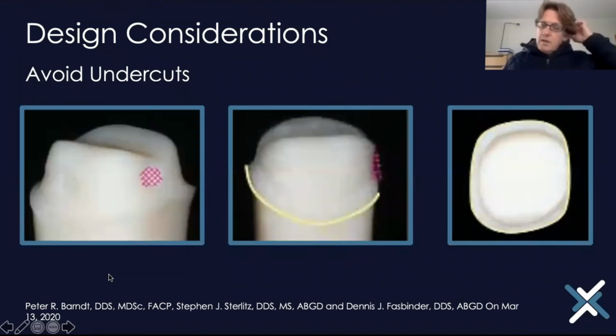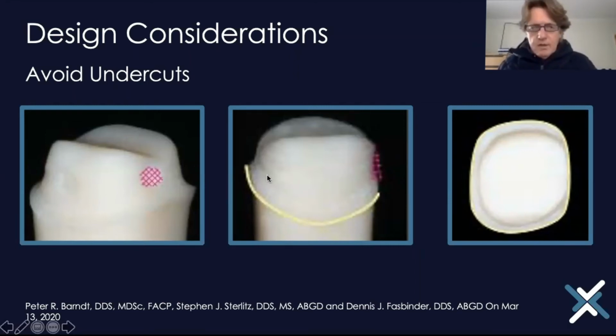The other thing that is incredibly important, and remember we said in the beginning, it's all about light. What is incredibly important is that when you have areas like this, which are undercuts, you will mill out an undercut, and then you will not be able to seat your crown. And yet again, you will have marginal problems then.